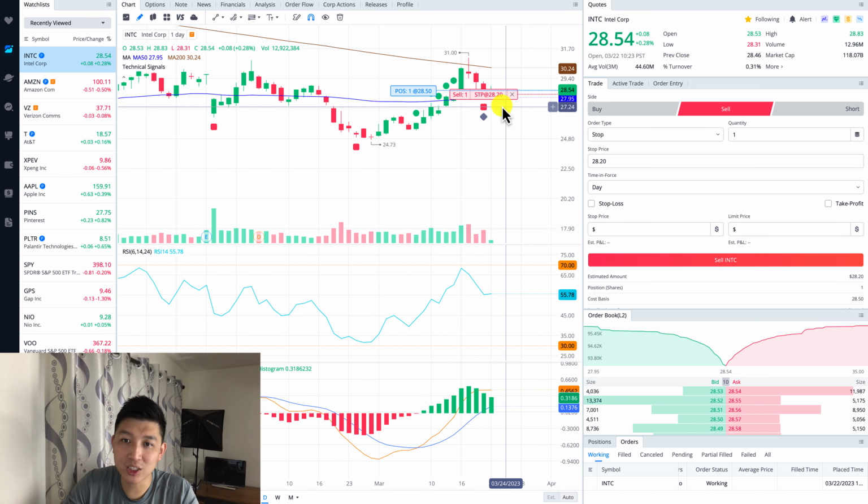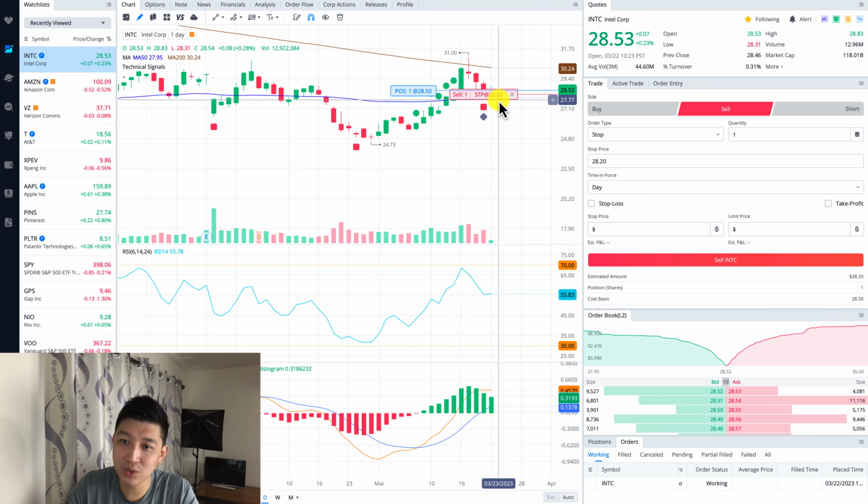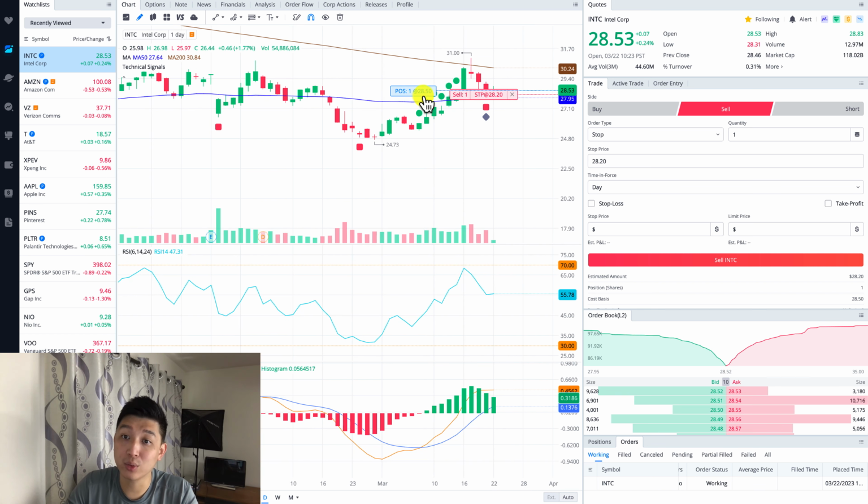This is slightly different from a limit order, because for a limit order, it has to hit a certain price, and you're selling it at a higher price than whatever you purchased or whatever the market price is. For a stop order, it's going to be below that price. Hopefully that's kind of intuitive.